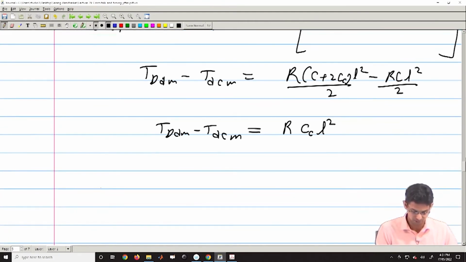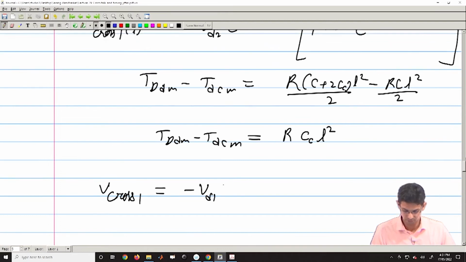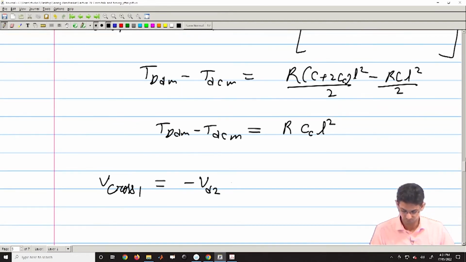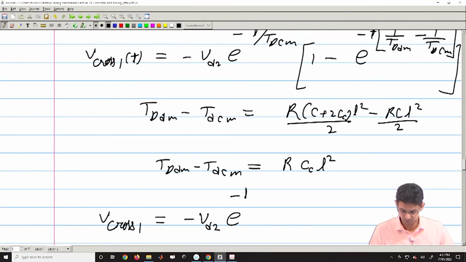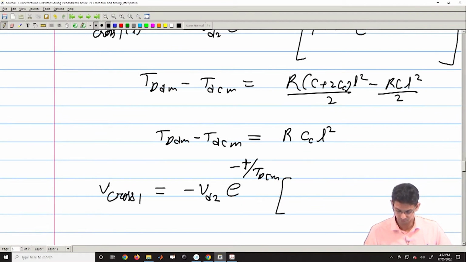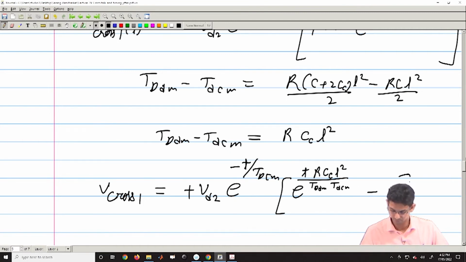So, if I then write V cross 1, I will have V d 2 e to the power minus t divided by t d c m into, let me bring this plus here. So, this exponent I have brought it here. This is t into r c c L square divided by t d d m t d c m minus 1.